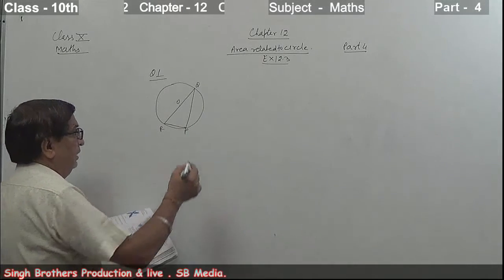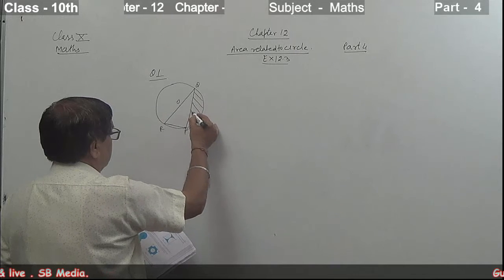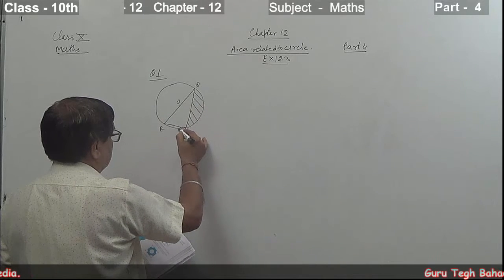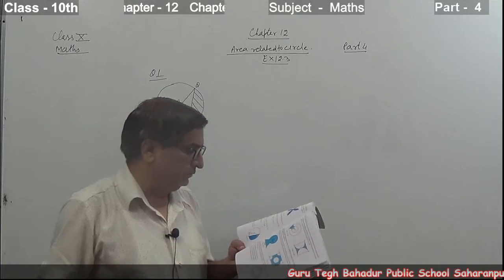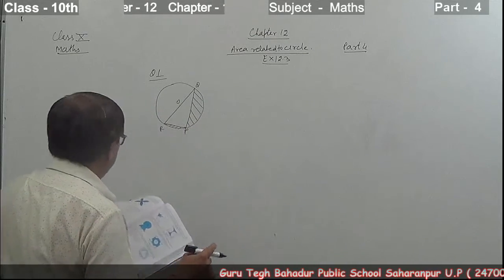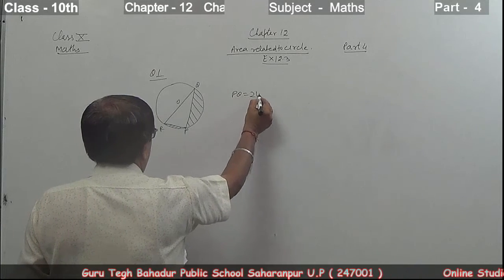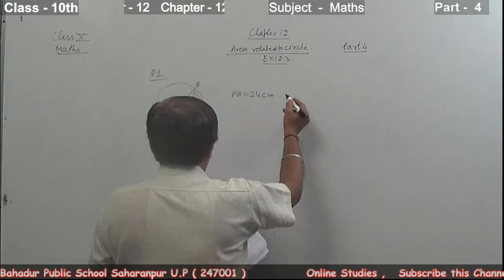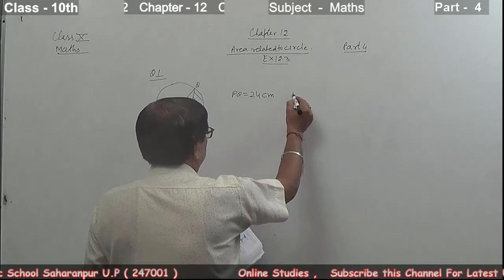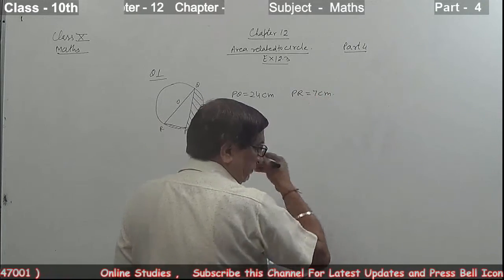Now find the area of the shaded region in the figure. PQ is given to you, 24 centimeter, and PR is given to you, 7 centimeter.